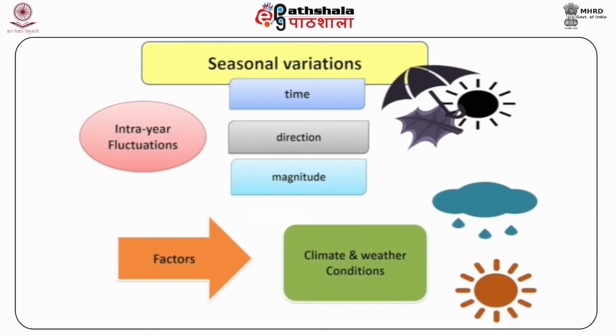The seasonal component of time series represents that part of variations in the time series which denote intra-year fluctuations. These variations are mostly stable over the years with respect to timings, direction, and magnitude.